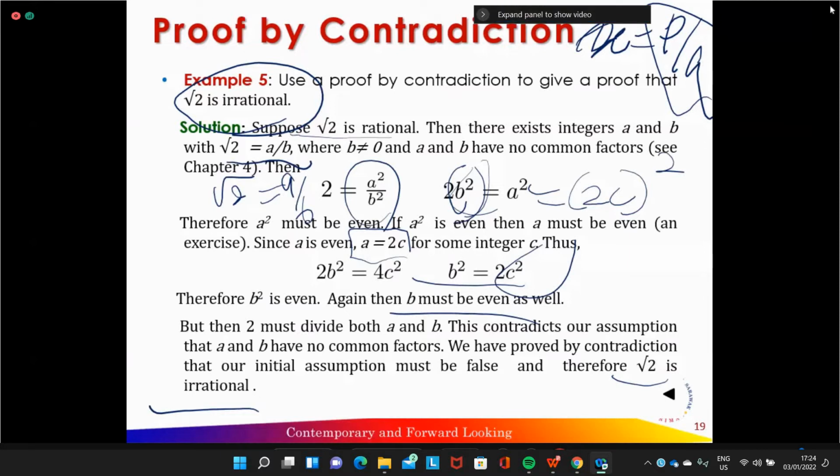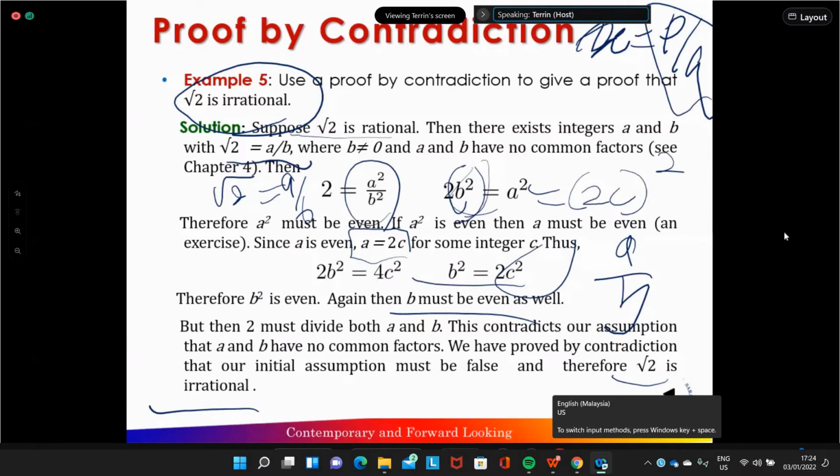So this is a bit where you need to know your number theory well. Here, basically, what you've done and eventually proven is that if a is even and b is even, it is not a rational number because they cannot have this common multiple. An even number divided by an even number will always have a common multiple.